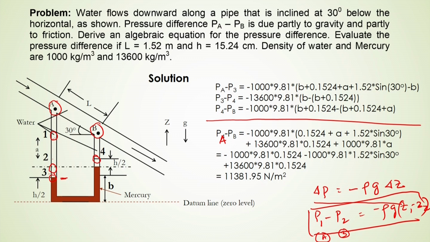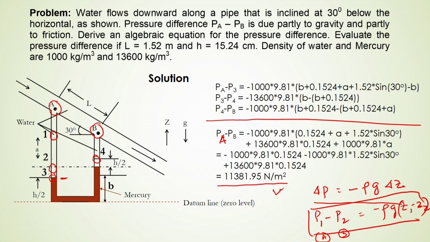After summation of all those terms and substituting the densities of mercury and water, you can get 11,381.95 Newton per meter square. So this is your final solution.